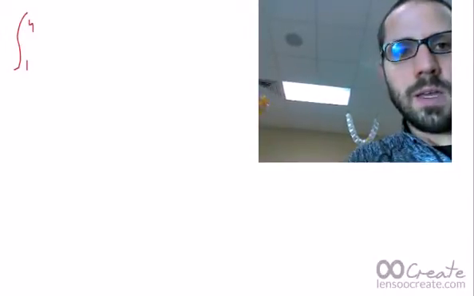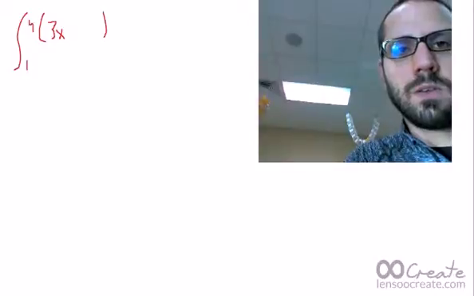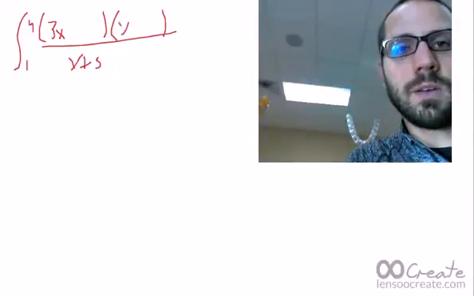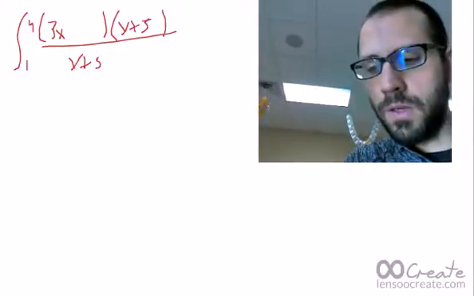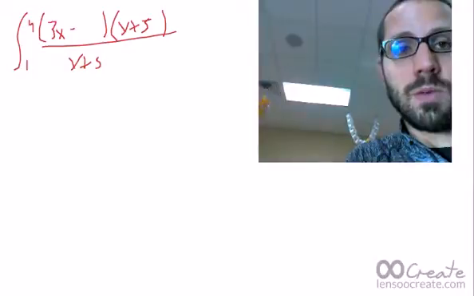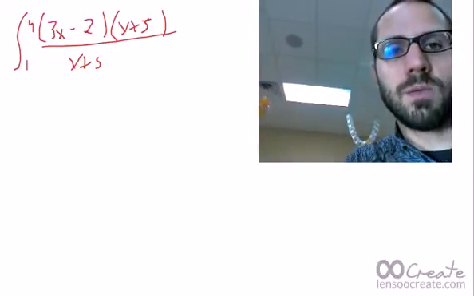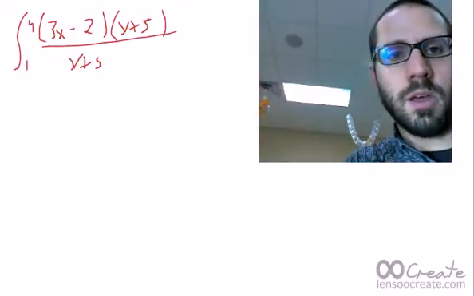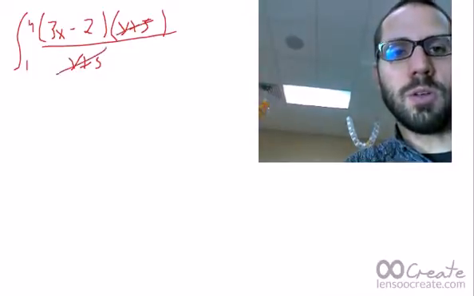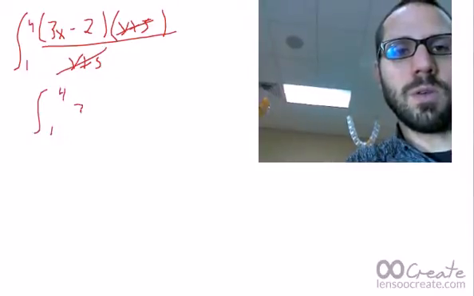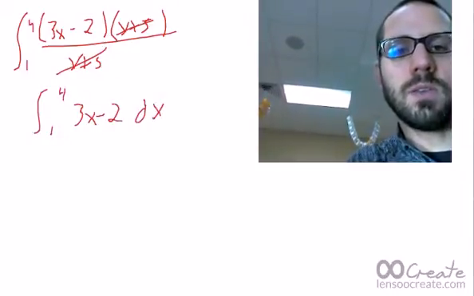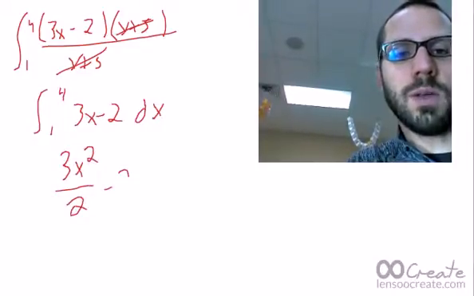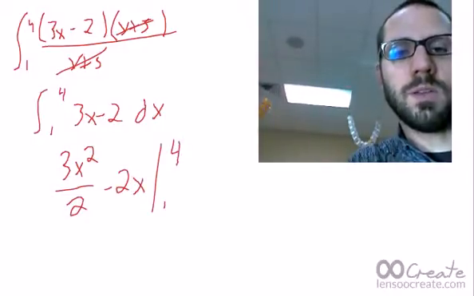All right. In C, we're going to have to factor. I'm going to go ahead right away. 3x. We got to guess that the x plus 5 is going to be a factor. If not, we're not going to do this. So if that's x plus 5, this is going to be 3x minus 2. Double check. 3x squared plus 15x minus 2x. There we go. Good to go. 1 to 4 of 3x minus 2 dx. Go ahead. 3x squared over 2 minus 2x from 1 to 4.